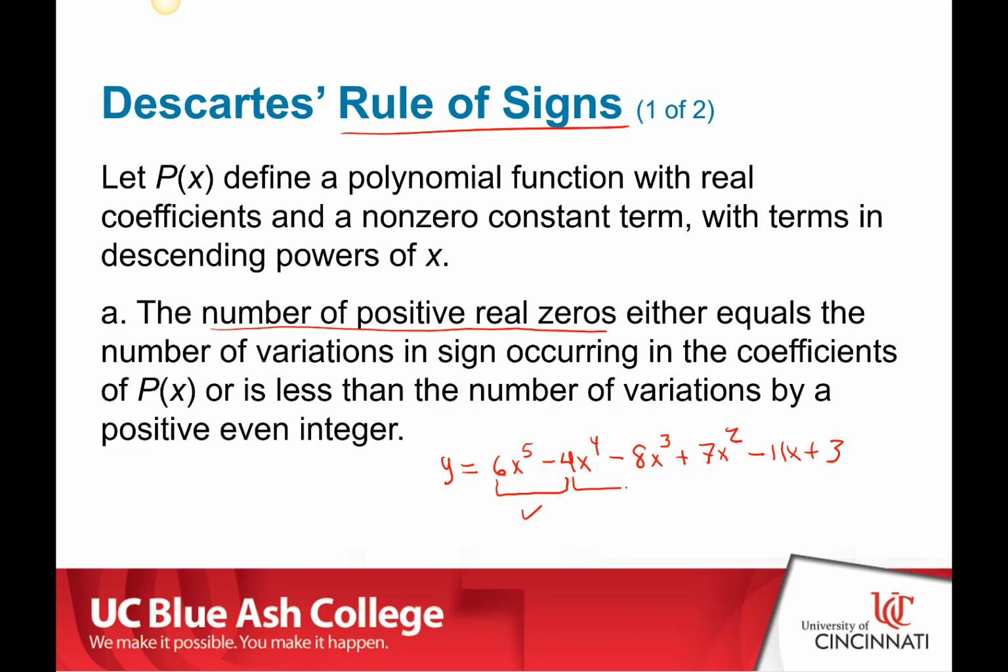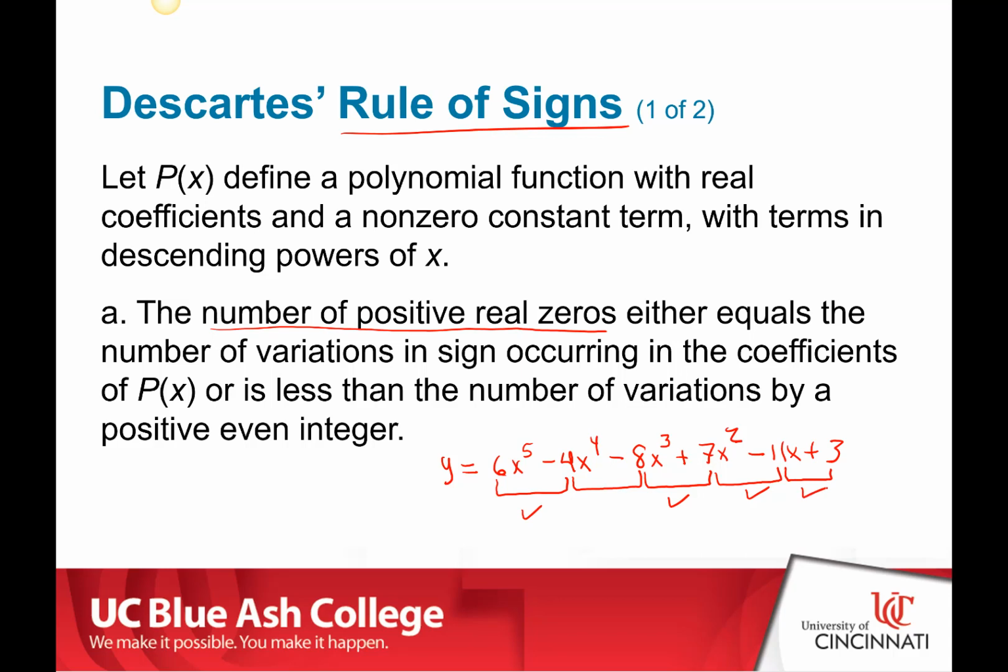Now, from -4 to -8, did the coefficient change signs? No, that doesn't count. From -8 to +7, is that a sign change? Yep, that counts. From 7 to -11, is that a sign change? Yes, that counts. From -11 to 3, is that a sign change?